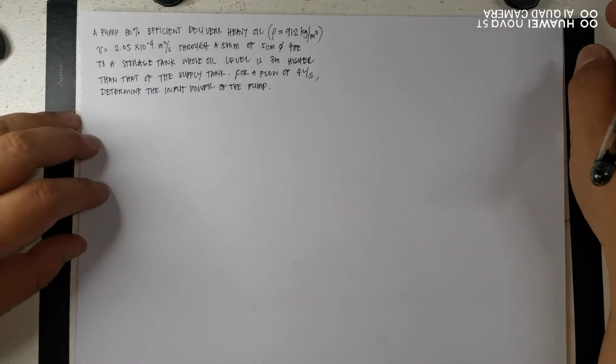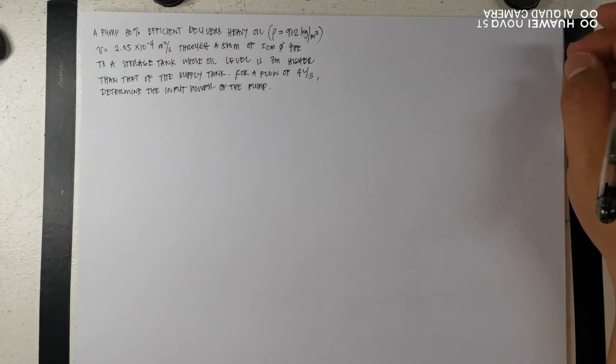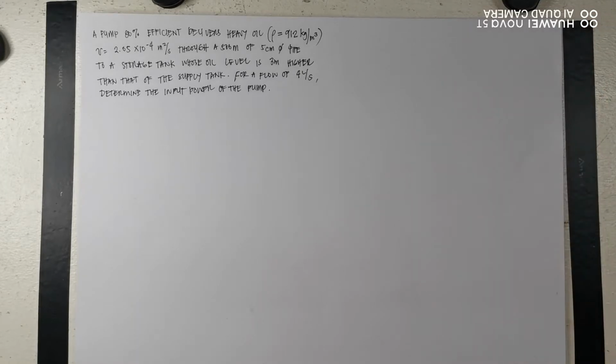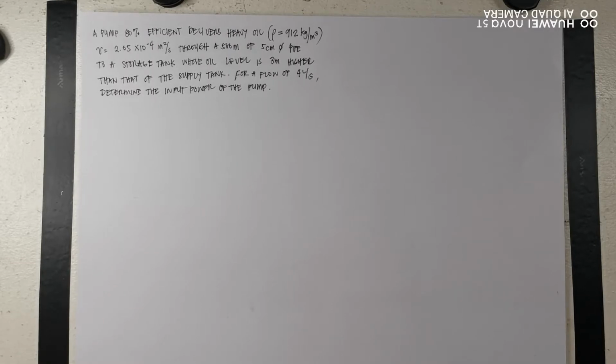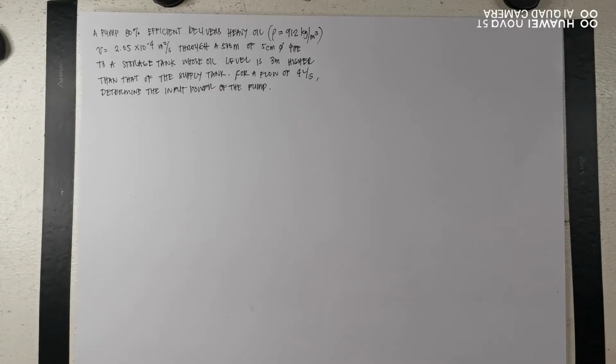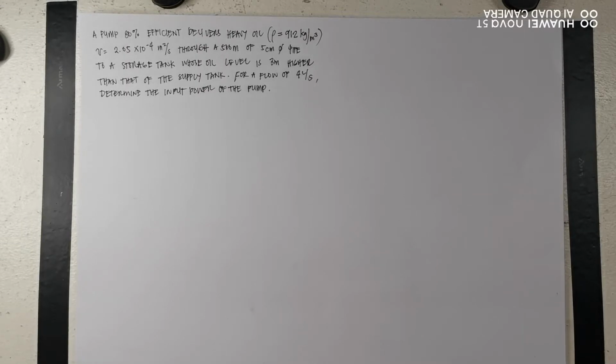Okay, so let's read the problem. A pump 80% efficient delivers heavy oil with density equal to 912 kg per cubic meter and dynamic viscosity of 2.05 times 10 raised to negative 4 square meters per second through 500 meters of 5 cm diameter pipe to a storage tank whose oil level is 3 meters above that of the supply tank.